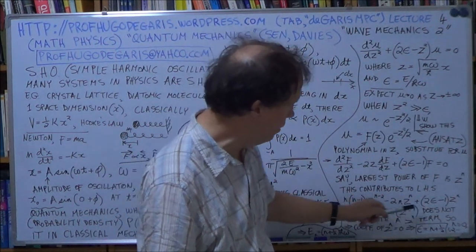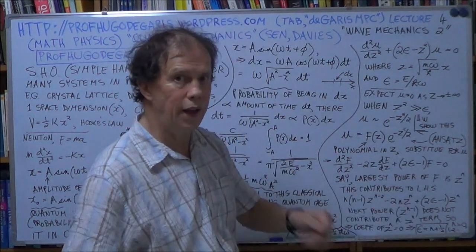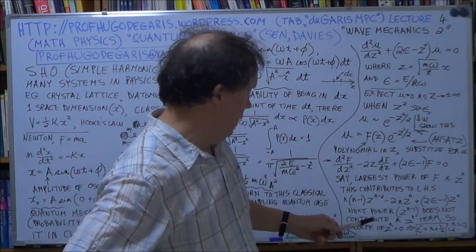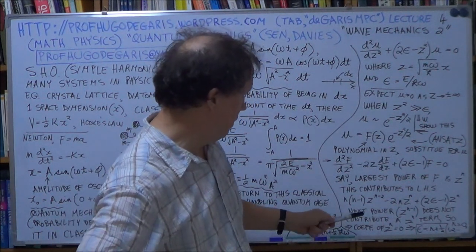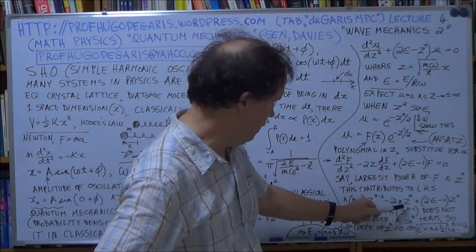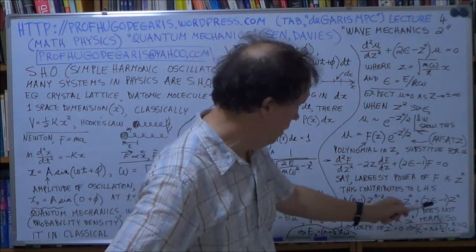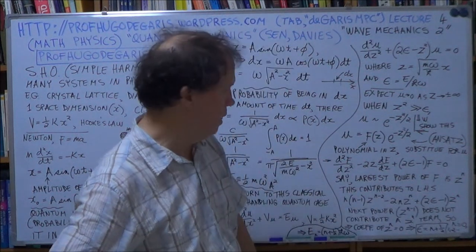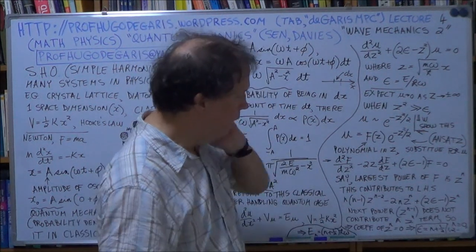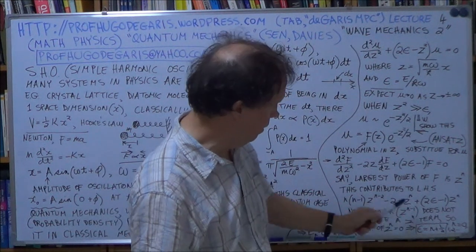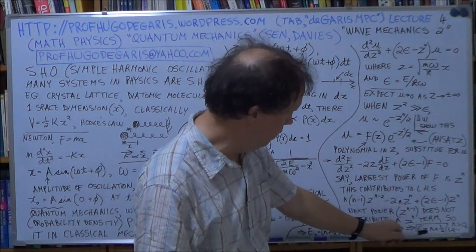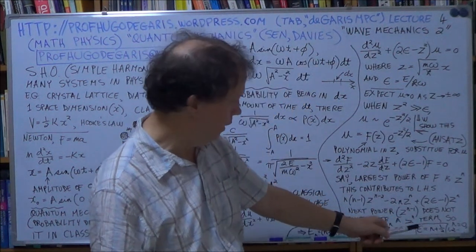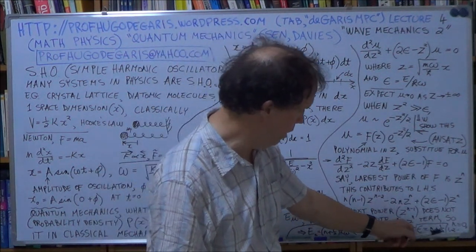So add those two coefficients, and that sum has to be 0. That means minus 2n plus 2 epsilon minus 1 must be equal to 0, and therefore your epsilon has to be n plus a half.